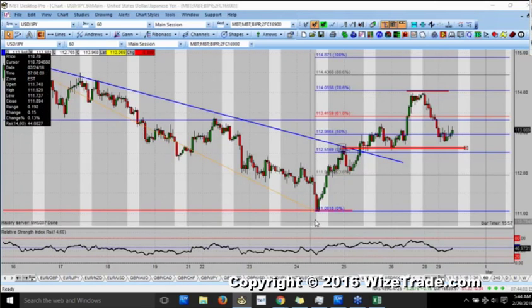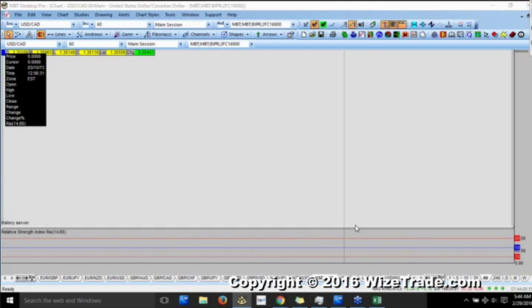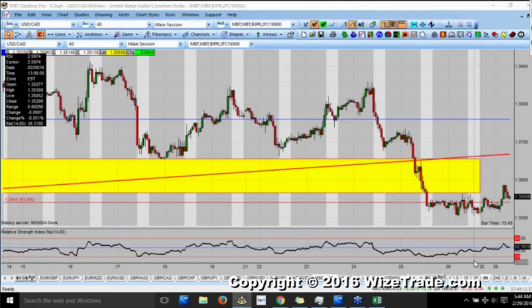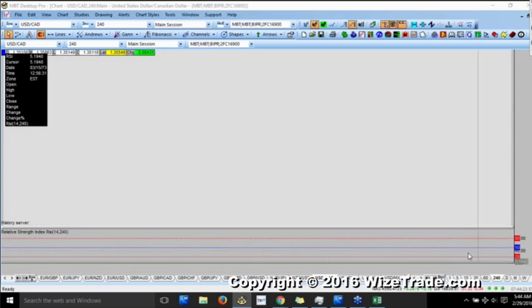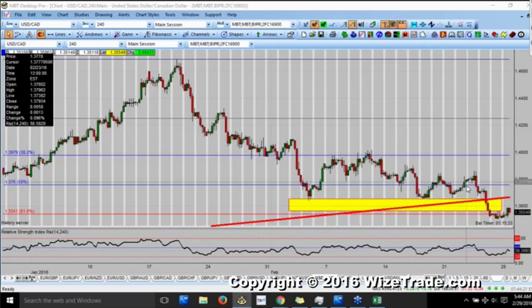All right, let's take a look at the Canadian. So the Canadian, we are below major support. Okay, and this support I think was really key. I think we tried to. Well, no, we didn't quite get up there. Here, let me get rid of this yellow area.